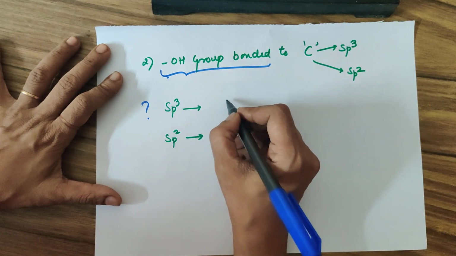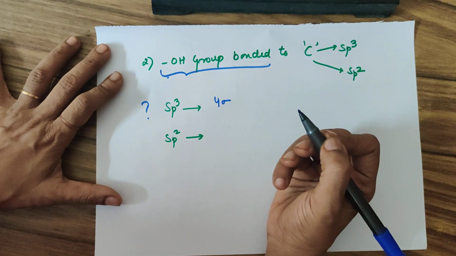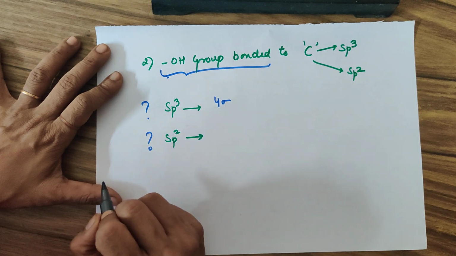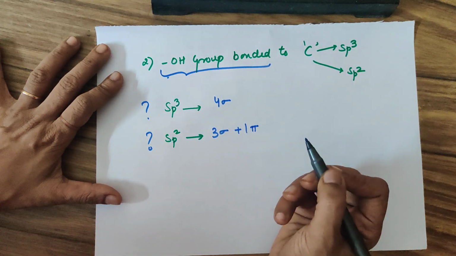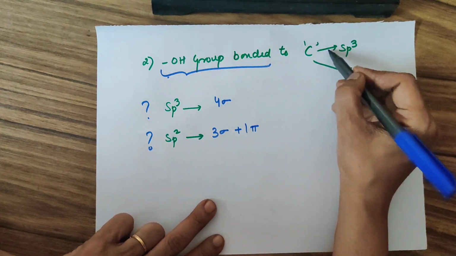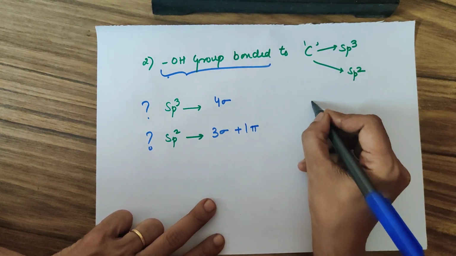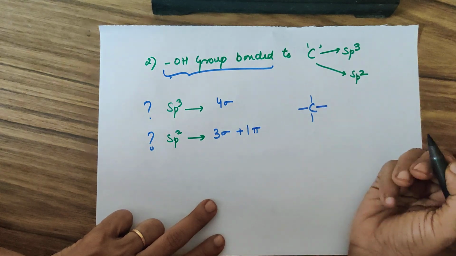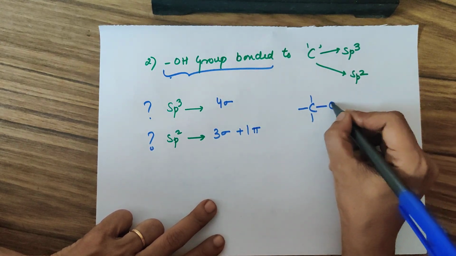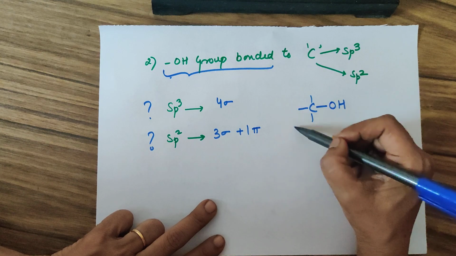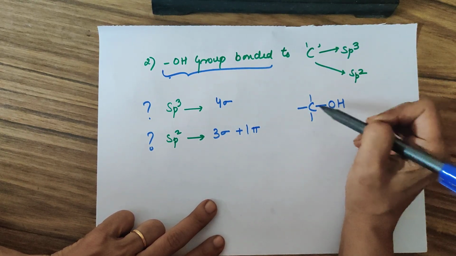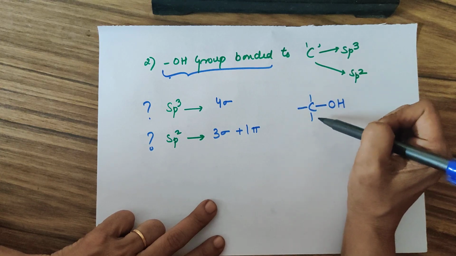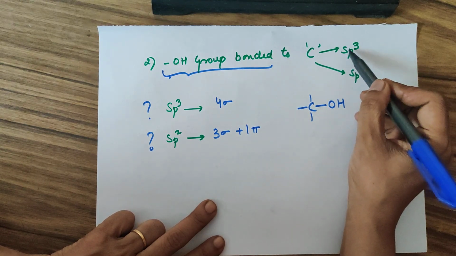An sp3 carbon has 4 sigma bonds, while an sp2 carbon has got 3 sigma and there has to be 1 pi bond. So when I talk about this category of a carbon, it would have 4 sigma bonds, out of which 1 would have your OH. So this particular compound falls under the category of this one, where OH is bonded to a carbon which has got 4 sigma bonds.